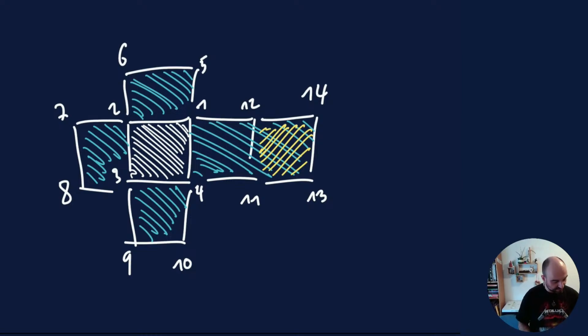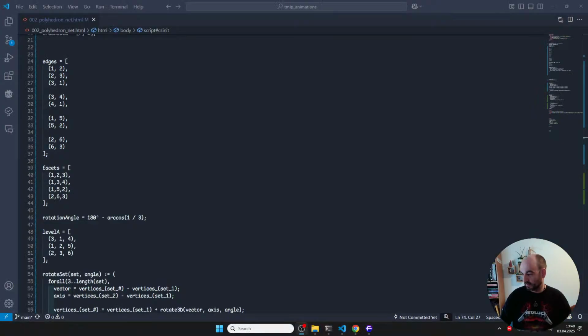So this facet has to rotate around this edge an additional time, right? So this will be a second level, and now hopefully we hack in the coordinates and everything works because we did all the thinking beforehand. Let's see how it goes.